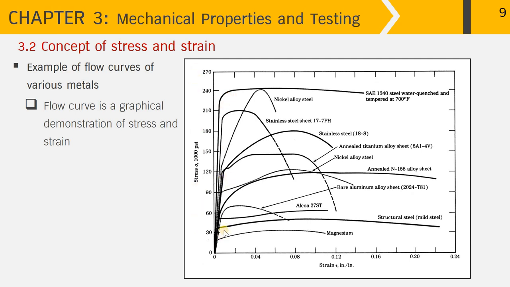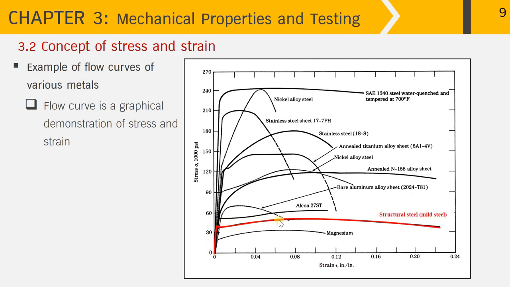And here we have different sizes and shapes of flow curve, which I will tell you a little bit more how different materials behave differently under tensile loading. And you can see that this flow curve is plotted on the positive axis of the stress and strain. And this means the result here obtained from the tensile test, not the compressive test. And therefore, these are the tensile stress and tensile strain.